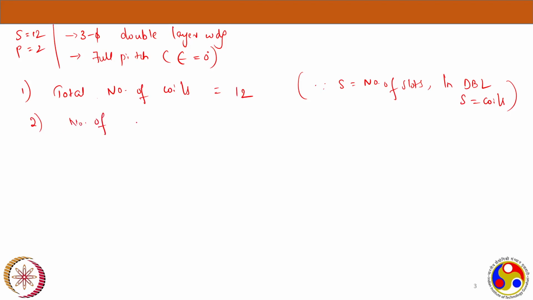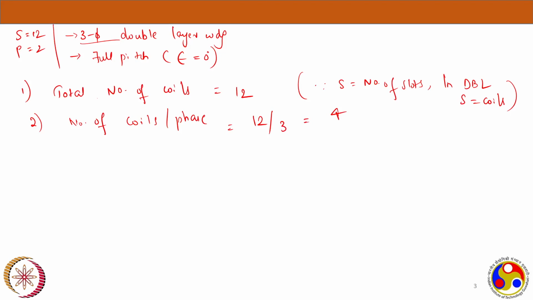The second point is number of coils per phase. I have 12 coils. Is my machine a three-phase or single-phase machine? It's a three-phase machine. I wrote it here, three-phase. So coils per phase will be 4. What do you mean by 4 coils per phase?